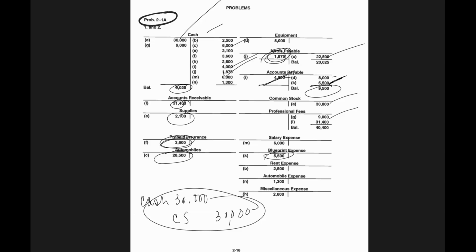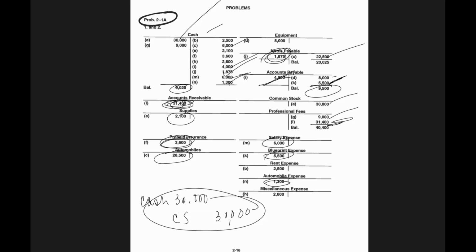So there's an AR for $31,400, but there is fees for $31,400. Paid salary of assistants, debit salary expense for $6,000 and credit cash. Paid gas, oil, and repairs on automobile for $1,300. Again, debit to automobile expense and a credit to cash.